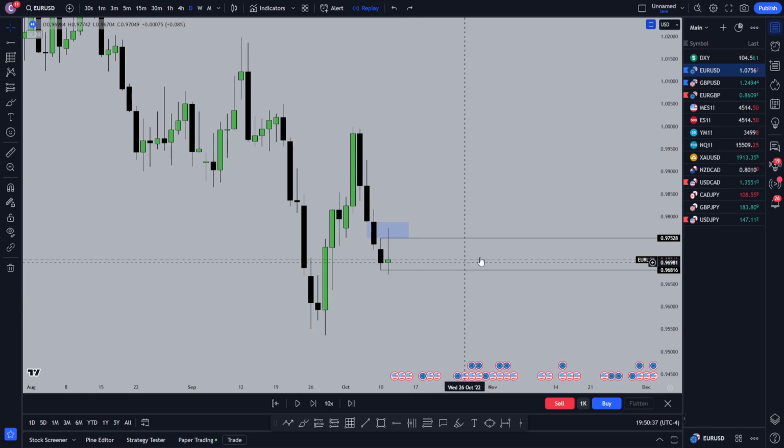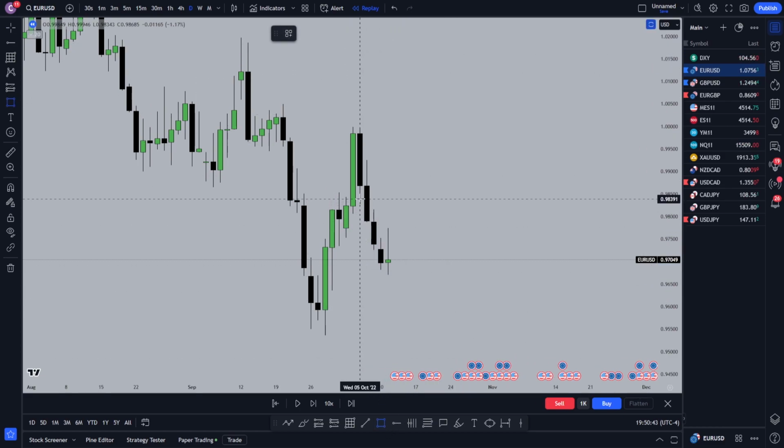And then yeah, you do the rest, see how it goes. Can expect price to probably come up into this level here, maybe even deeper into here, this order block. But yeah, all in all, this is just candle by candle price action reading.